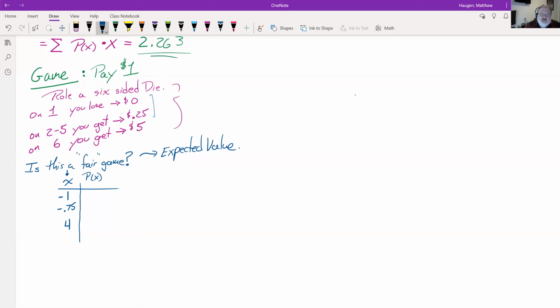So, what is the probability that we will lose the $1? How many different rolls make us lose the $1? Well, one value out of the 6 possible outcomes has us lose the entire $1.